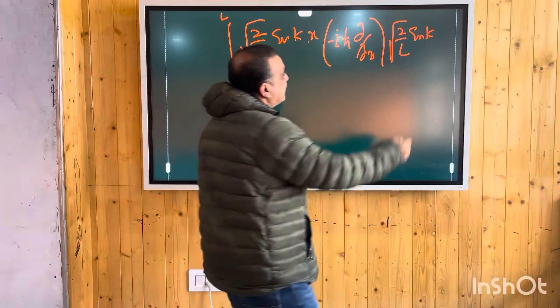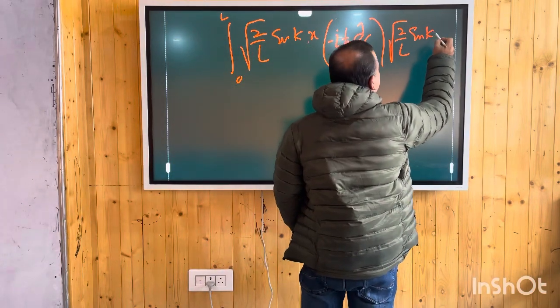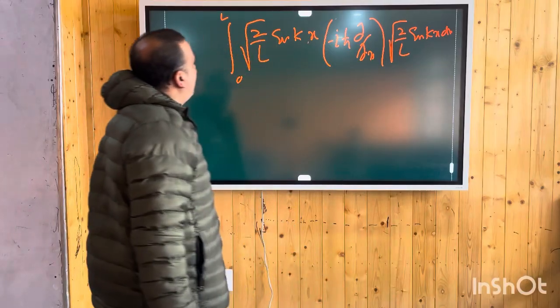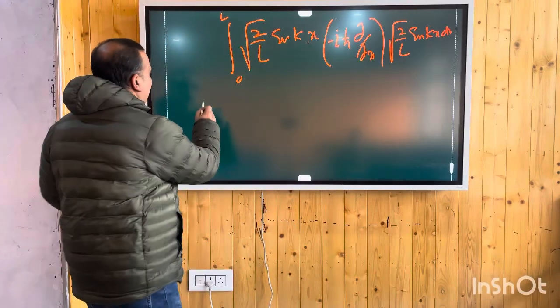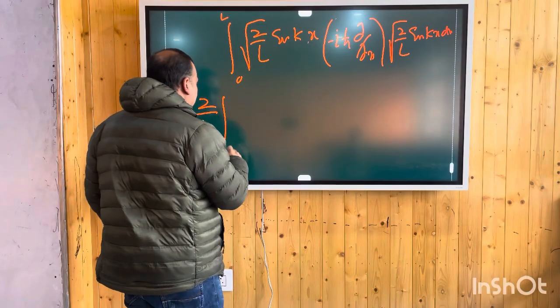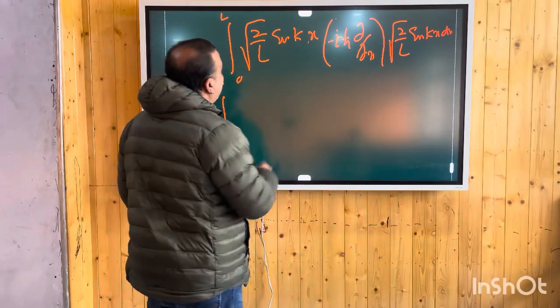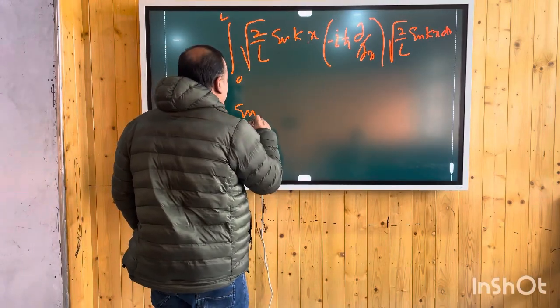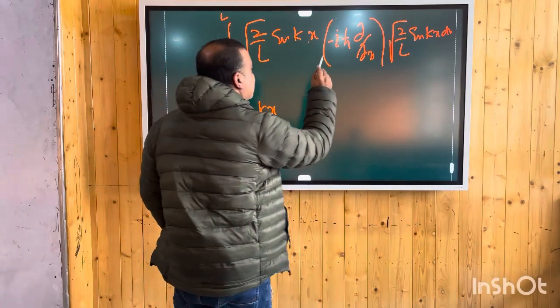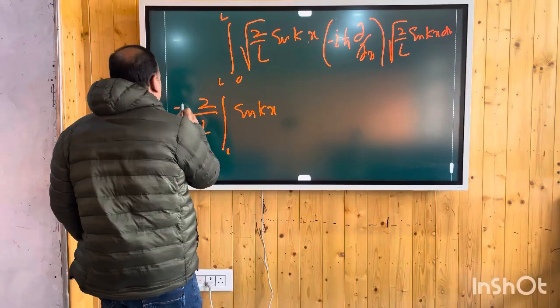So this is Kx and dx. We will have 2 by L outside, and inside you'll be left with the integral from 0 to L of sine of Kx, and this minus i h bar I would like to write outside.